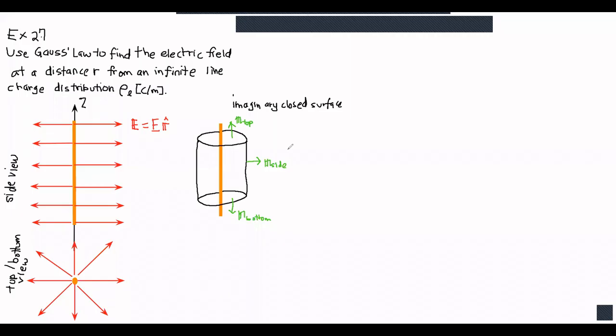Okay, so regarding this closed surface, the imaginary closed surface, the radius is r, and let's put the height as this.